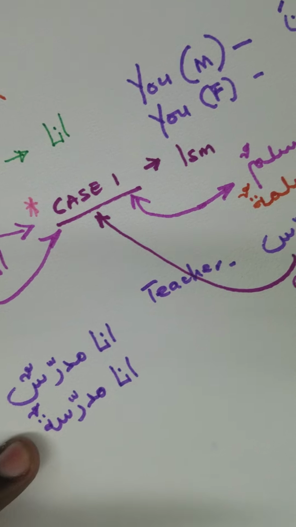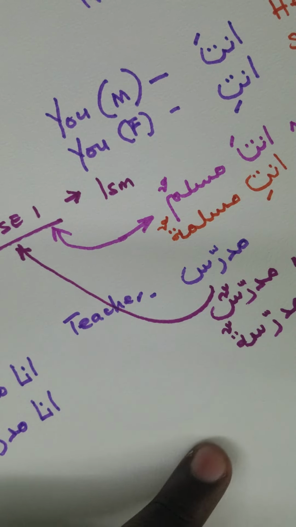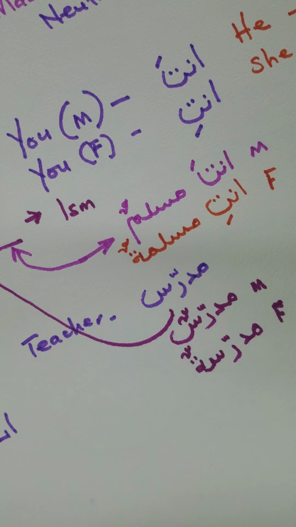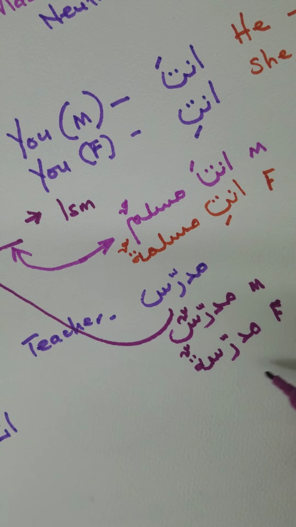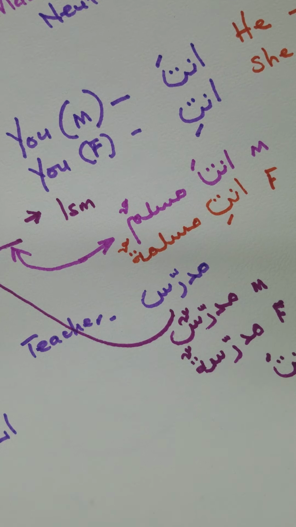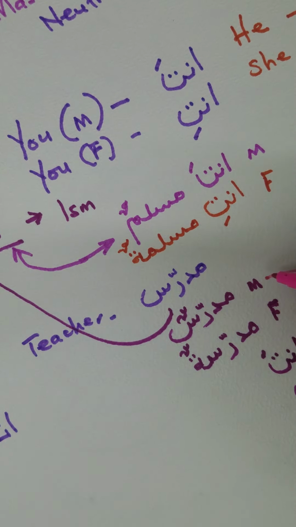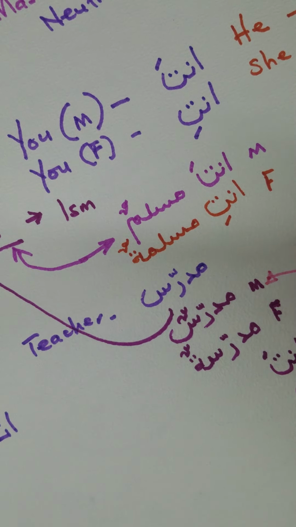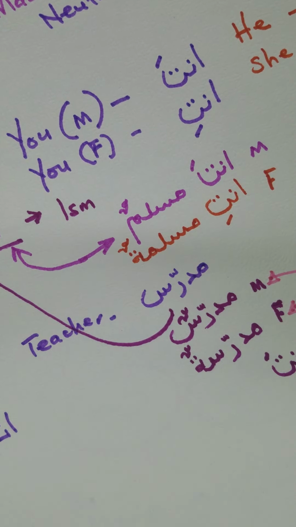If I want to say "you," for male I'll put "anta" and for female I'll put "anti." So "you are a teacher" for a female is "anti mudarrisatun."